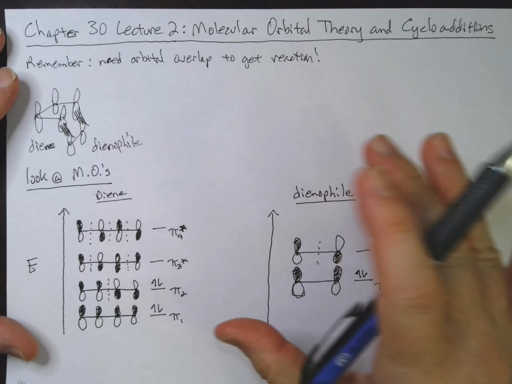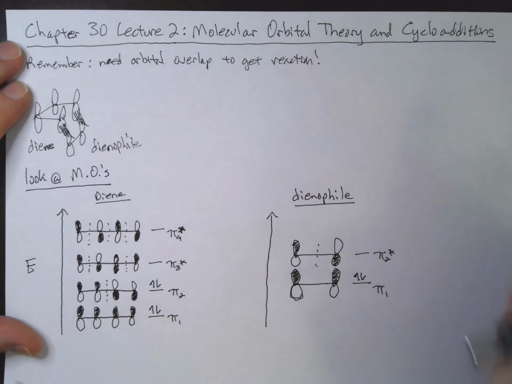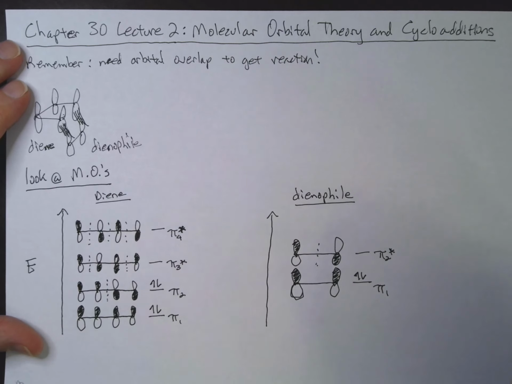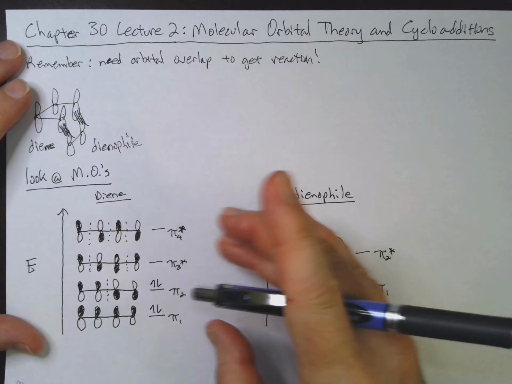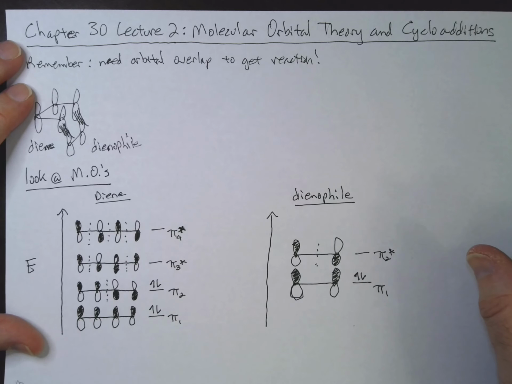The way that these pericyclic reactions work, the way that the Diels-Alder reaction works, is that we need to get overlap of the correct molecular orbitals from the diene and the dienophile.